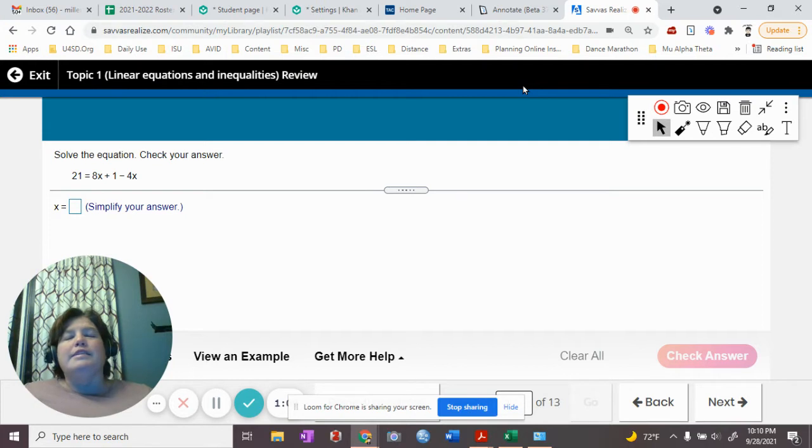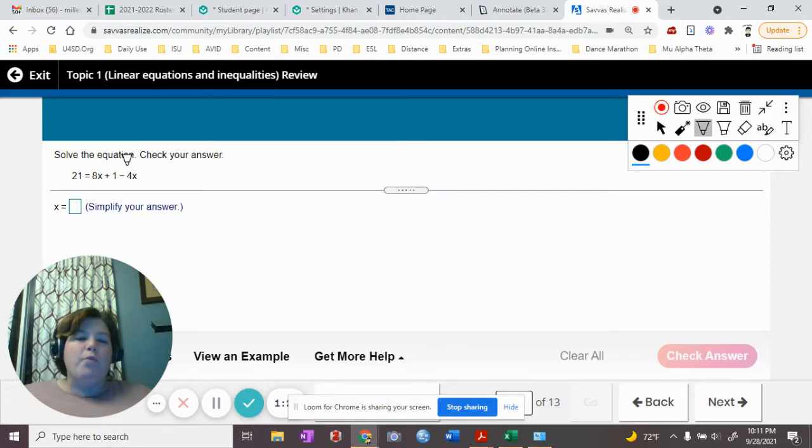So it is essential for you to show your work on each of these problems. So we're going to go through some of these, and you will see here we have 21 equals 8x plus 1 minus 4x. So if I am going to solve this problem, I'm not just going to put an answer in, but I'm going to go through my process.